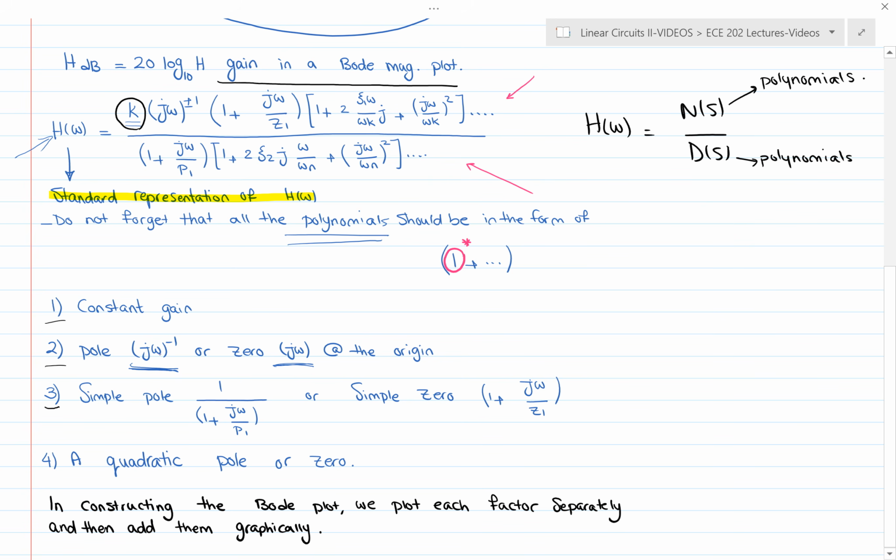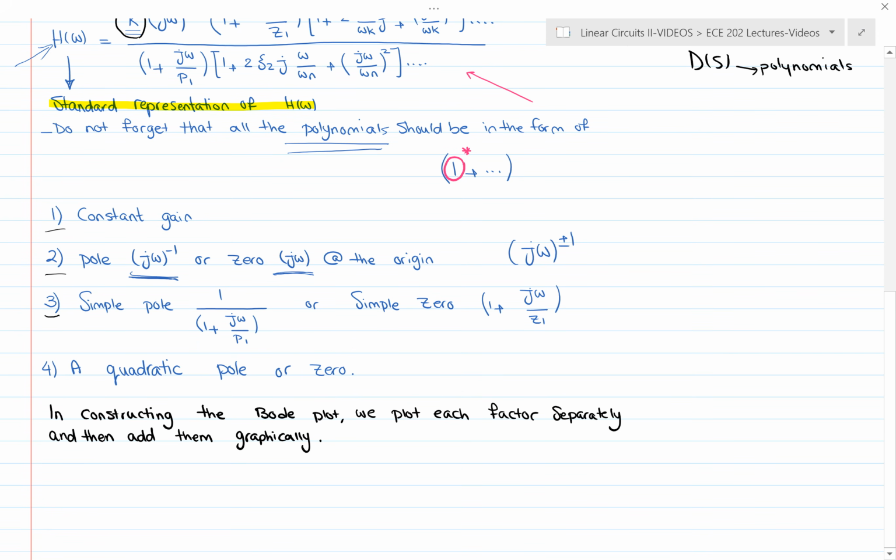This j omega, which can be a pole or a zero, we're calling a pole or zero at the origin, and I'm going to tell you why we're calling it at the origin. And then we have a simple pole and a simple zero that you can see have these two representations. And then we have a quadratic pole or zero that goes to the higher order terms.